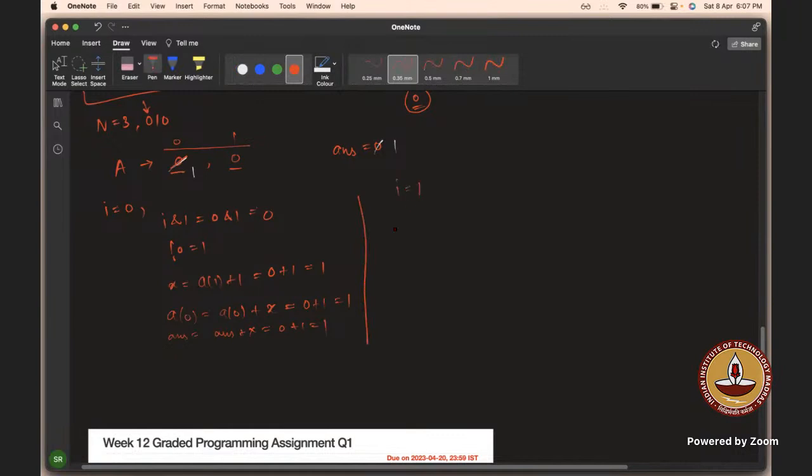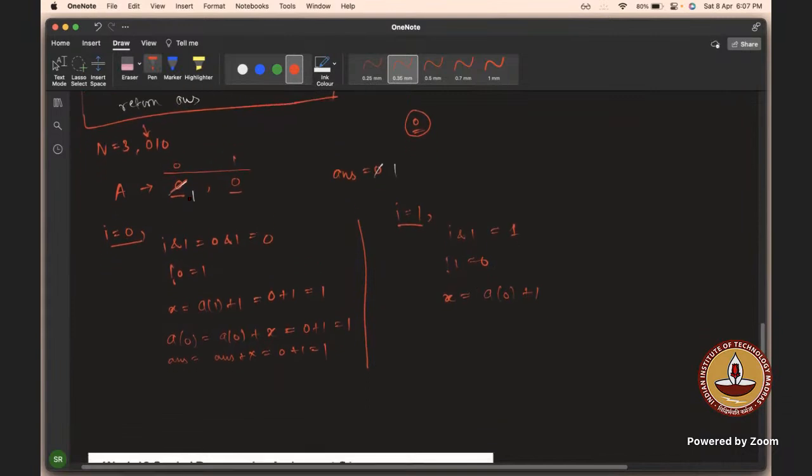Now when we go to i equals 1, what happens? i AND 1, 1 AND 1 gives us 1. NOT of 1 is 0. Now x is a0 plus 1, right? So now a0 plus 1, what is a0 plus 1? a0 is 1. So what we do is 1 plus 1 equals 2.